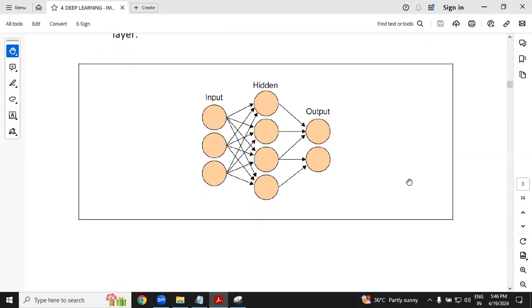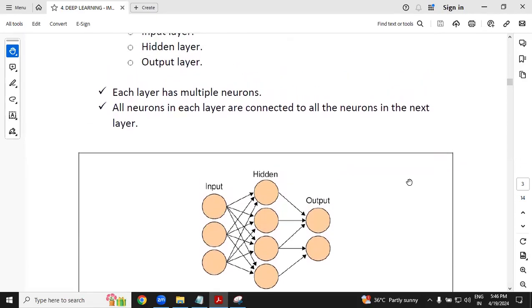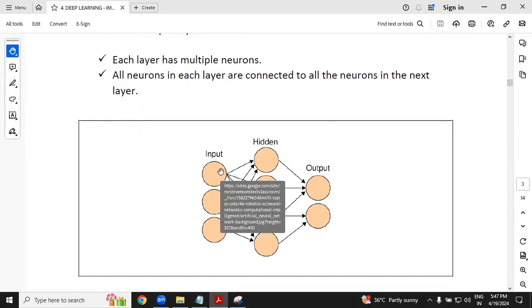In this architecture, there are three layers: input, hidden, and output. Each layer contains multiple neurons. All neurons in each layer are connected to all neurons in the next layer. If all neurons are connected with all other neurons, this is called a fully connected network.